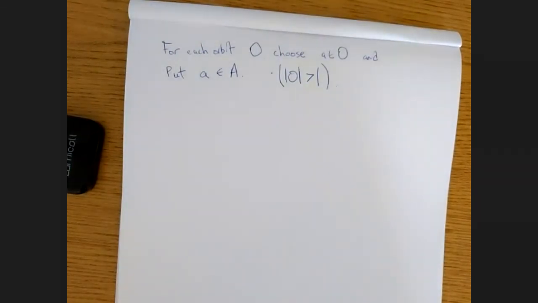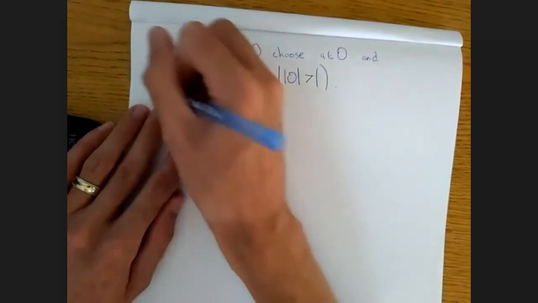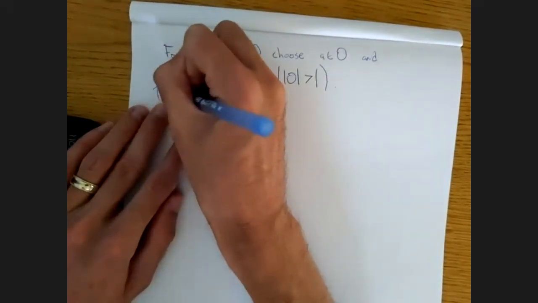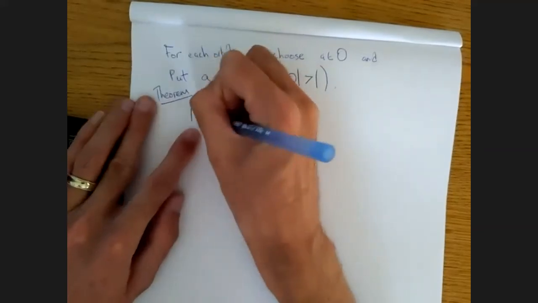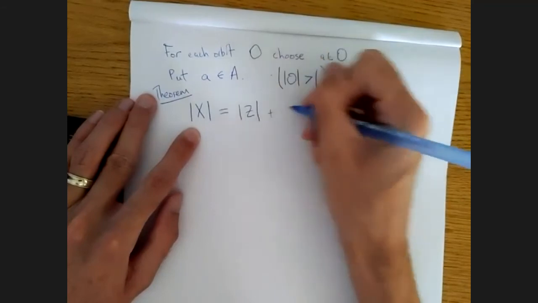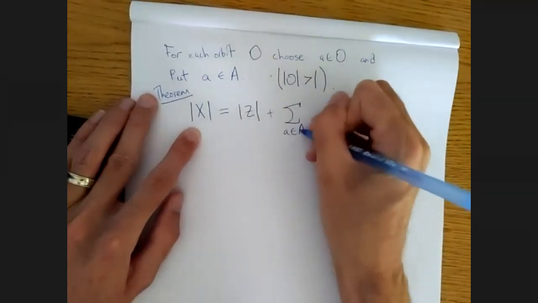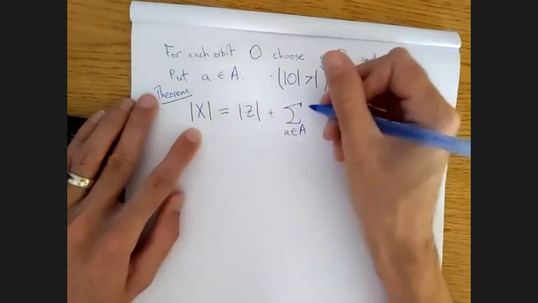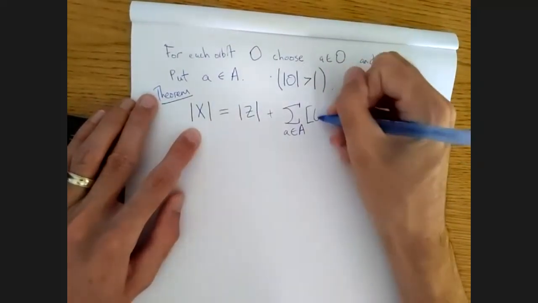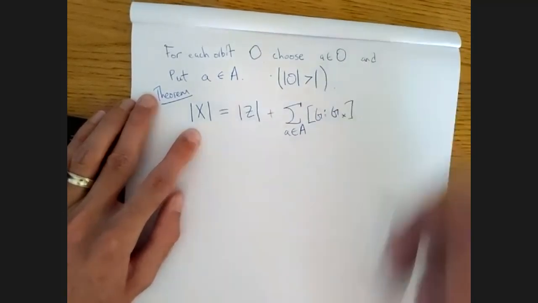Okay. And what the class equation says is that, so we have this theorem, the number of elements of X equals the number of elements of Z plus a summation. So we go over all the representatives of the non-trivial orbits, and we take the index of the stabilizer in G. We sum.